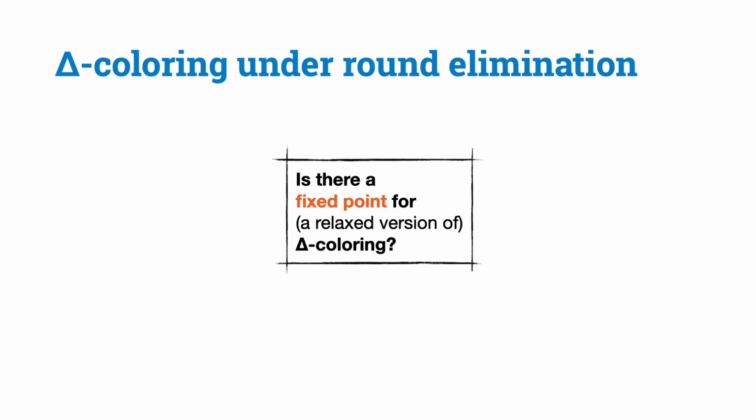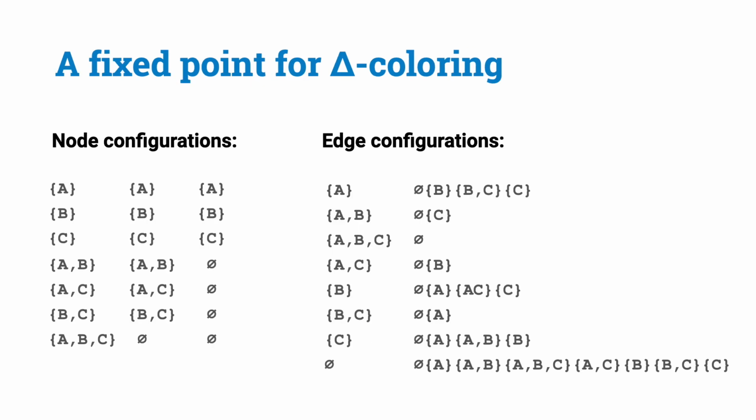So back to the question: is there a fixed point for delta coloring? And the answer is yes. The idea is that we can define a relaxation of the delta coloring problem, that is, a problem that is at least as easy as delta coloring, such that if we apply round elimination, we get the problem itself.